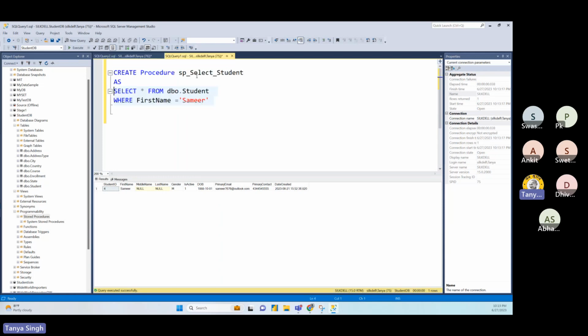The second thing is that you can make it parameterized also. The at-the-rate name, that's called the parameter of a stored procedure, as varchar 50.